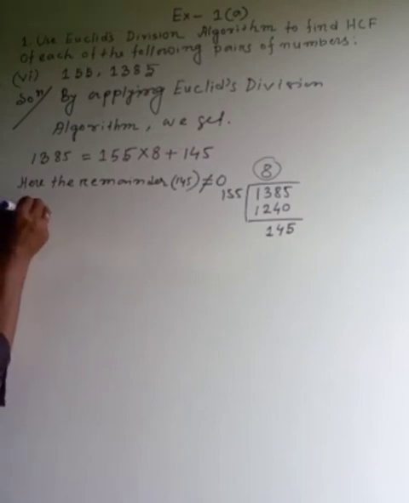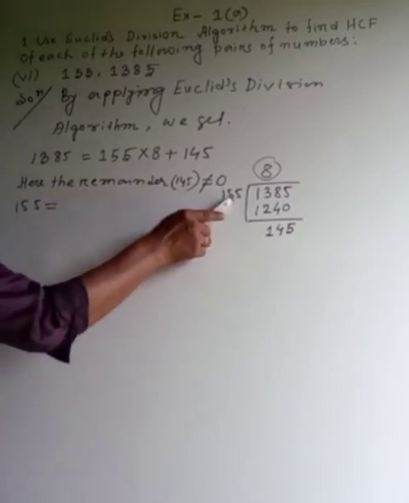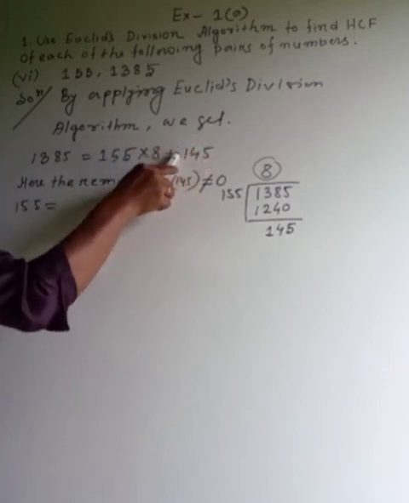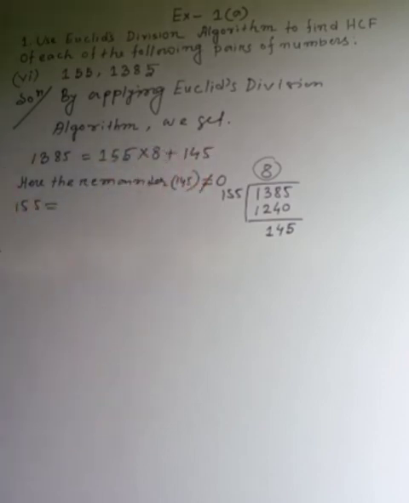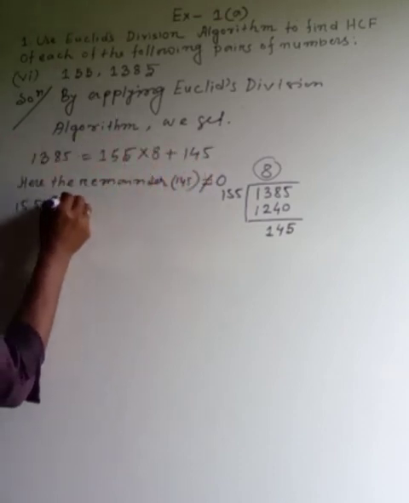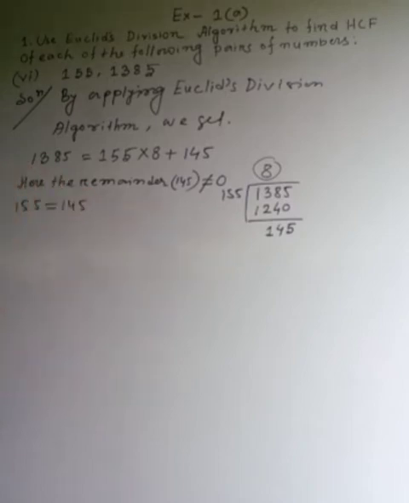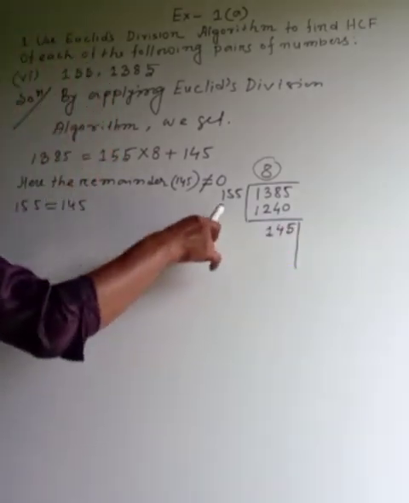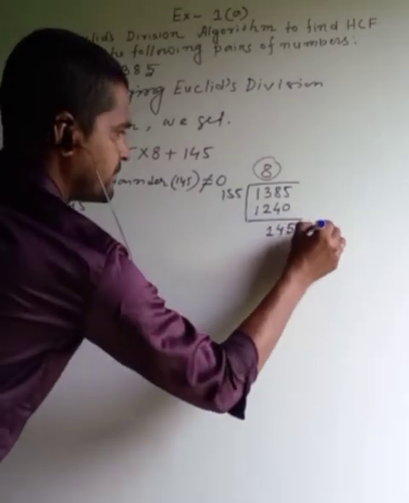So we have to write 155 equal to, this is the dividend and this is the remainder, and this remainder will be what? This remainder will be the divisor now. So 145. It means with this 145 now again we have to divide this 155.